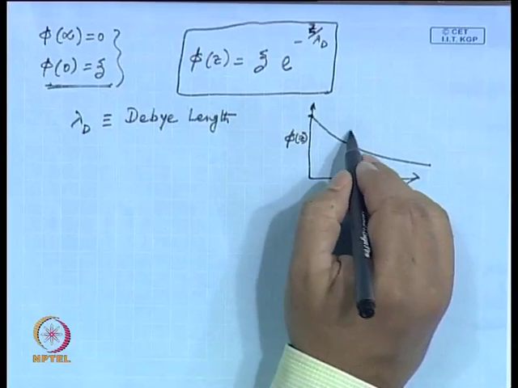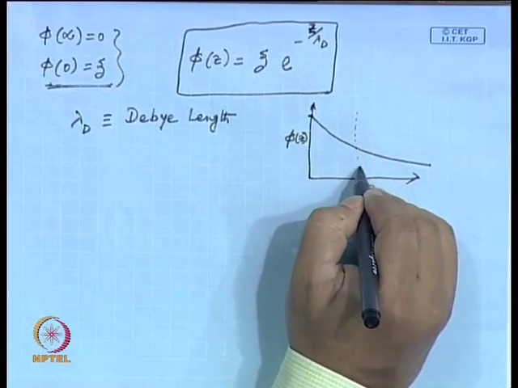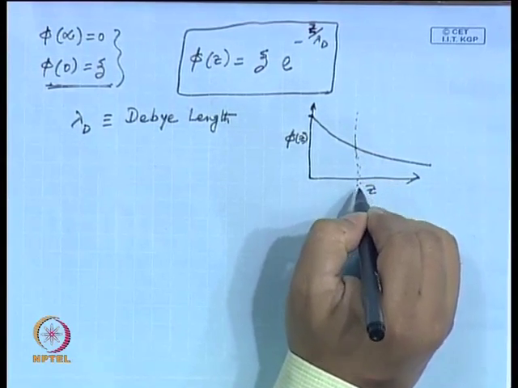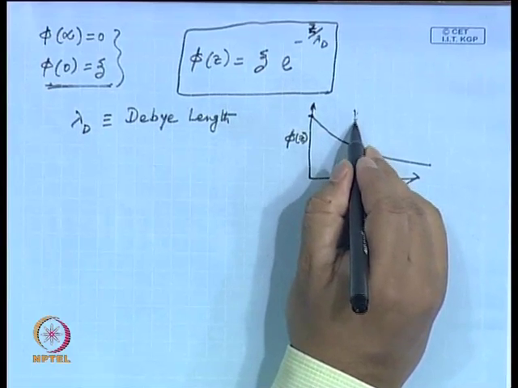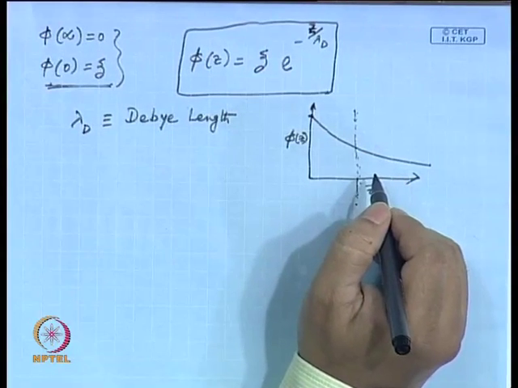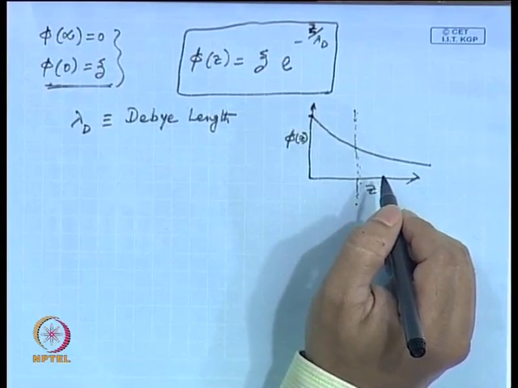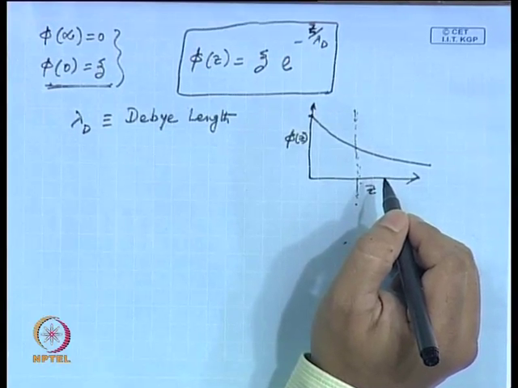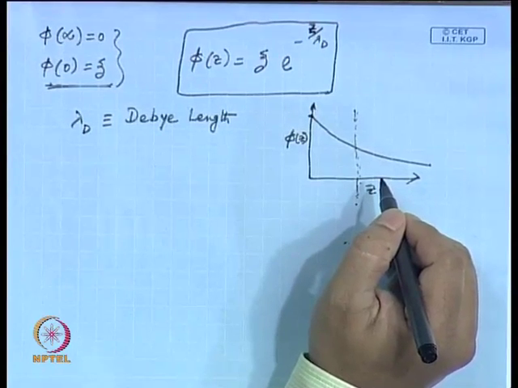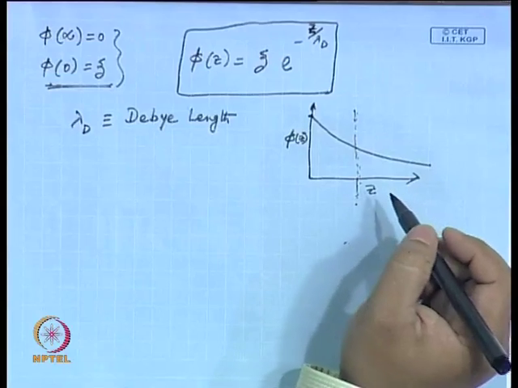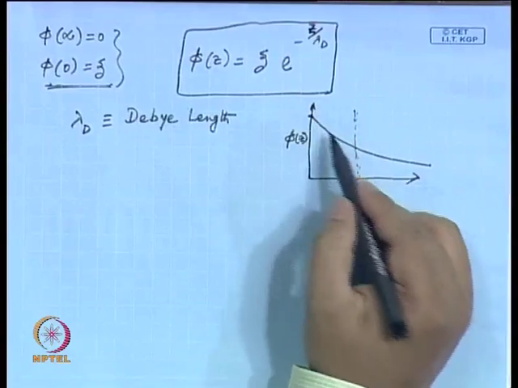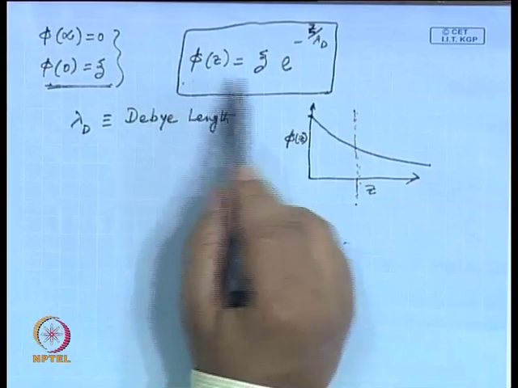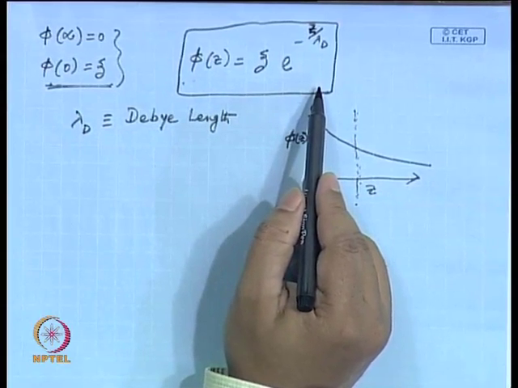Where would this lambda d be? Think about it. This Debye length is a very important term. The zeta potential and Debye length, you need to do some study when you go back after the class and find out what the zeta potential and the Debye length are. These two are very important concepts. So, what does this Debye length mean when you have an expression for potential like this?